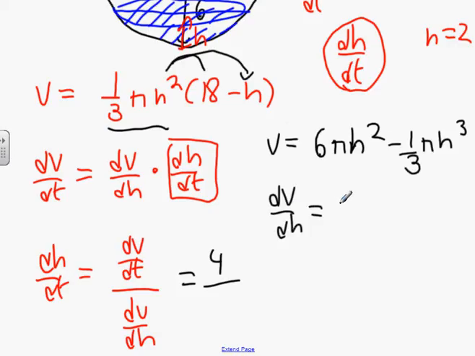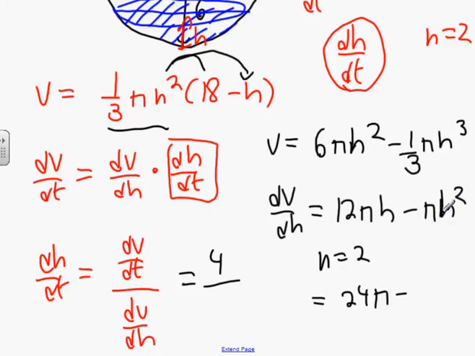Now what's dV/dh? 12 pi h. Multiply 2h by 6 pi. And then this one, minus pi h squared. h equals, anybody? h equals 2. That'll make it 24 pi minus, anybody? Pi h squared? 4 pi, because h is 2.